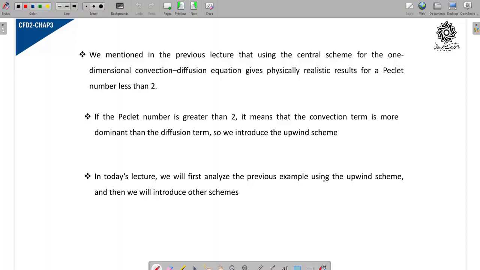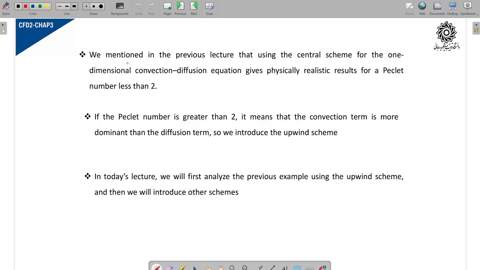In this lecture, we continue the convection diffusion equation for the one-dimensional equation.